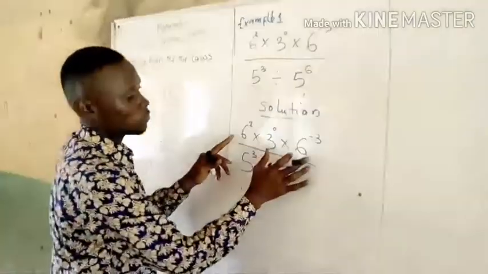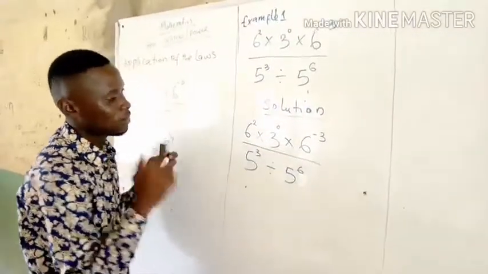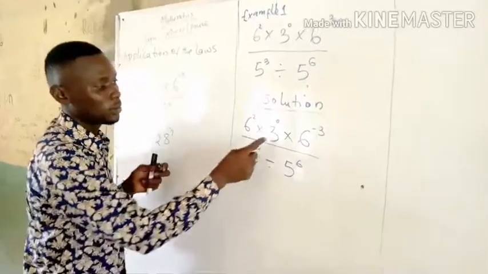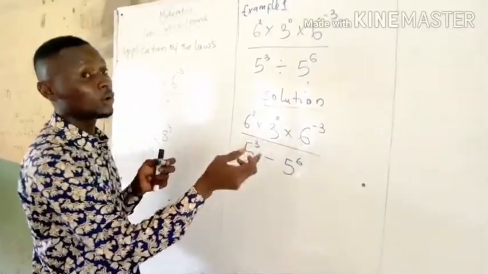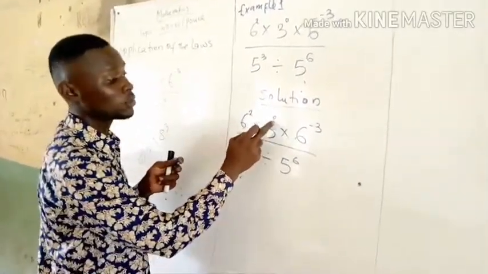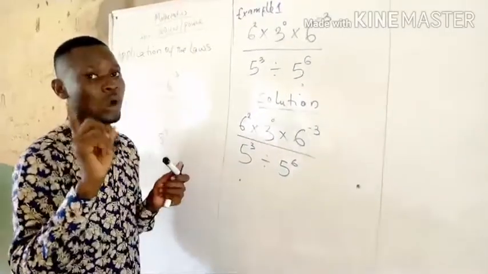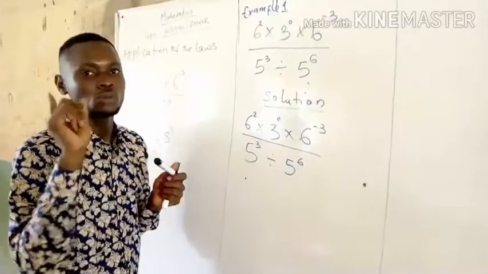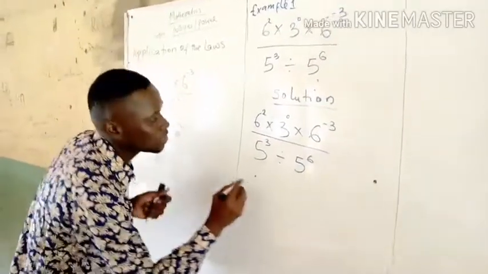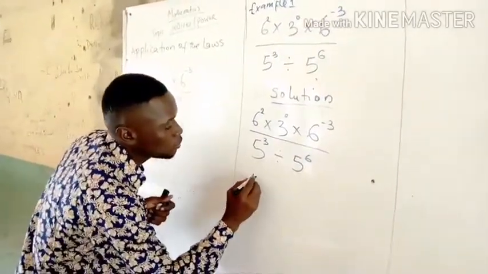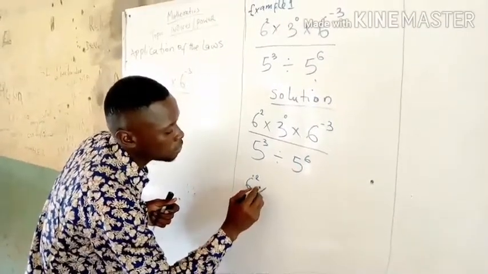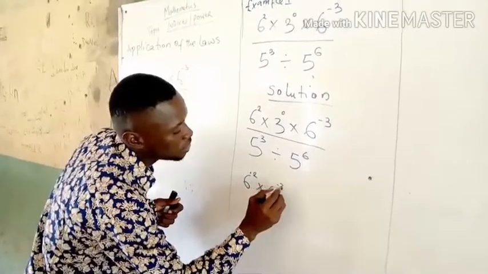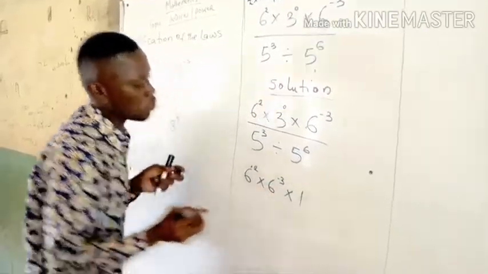Look at this numerator. What can we do here? First of all, let's follow our laws. Now, from the third law that says anything raised to power 0 is 1. That means this thing here is the same thing as 1. That means I can say 6 raised to power 2 times 6 raised to power minus 3 times 1.